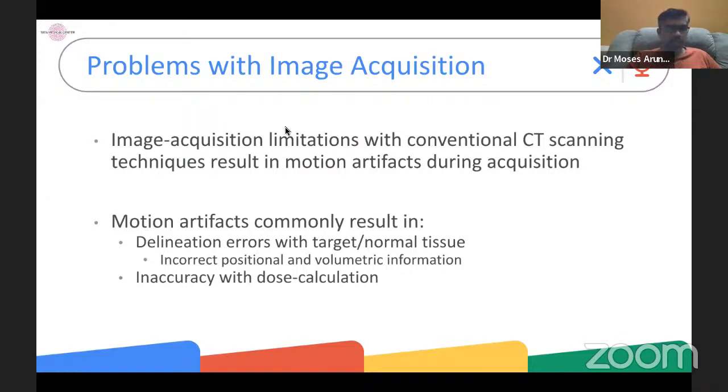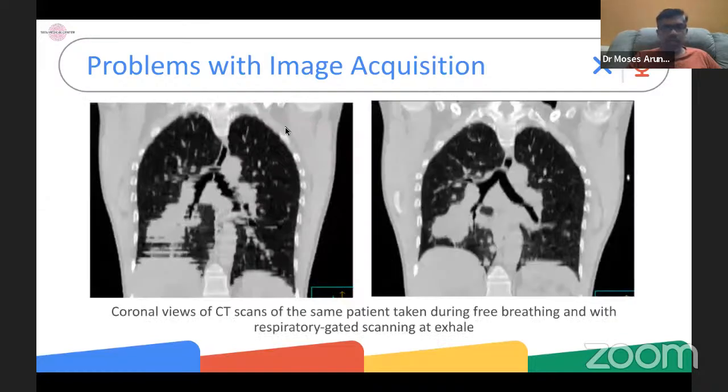If we do not take this into account, it can lead to incorrect positional and volumetric information, and that can in turn lead to inaccuracies in the dose calculation based on those non-respiratory correlated images. These are some of the artifacts we see with non-respiratory correlated CT, very often seen in thoracic and upper abdominal CT scans, where the organs and the tumor are moving a lot because of the movement of the diaphragm.